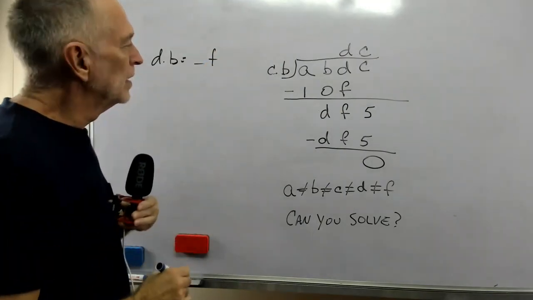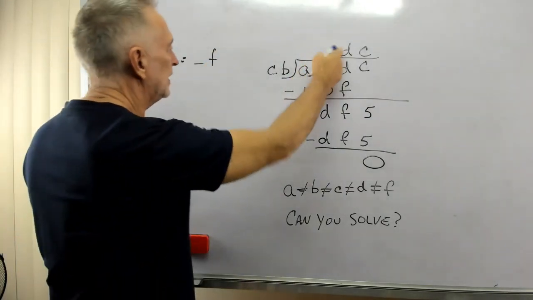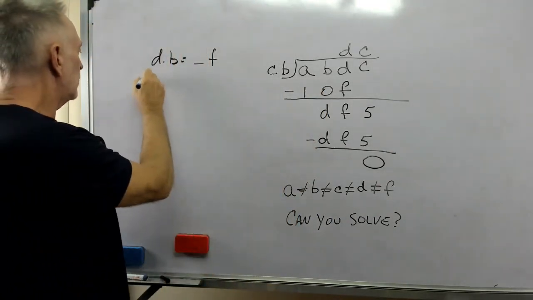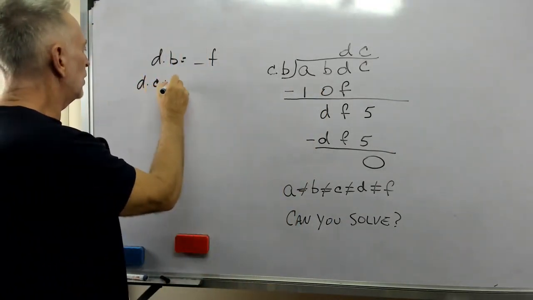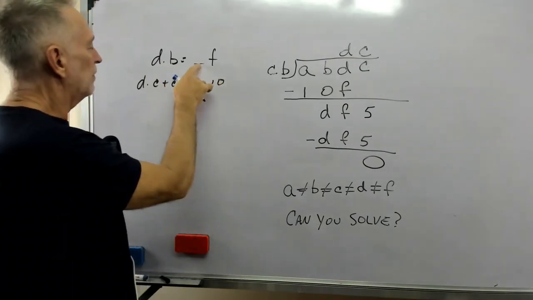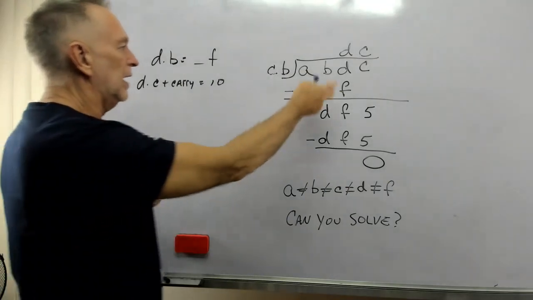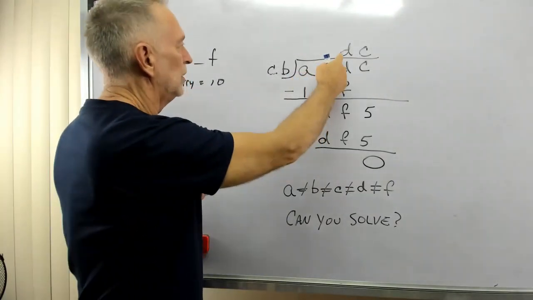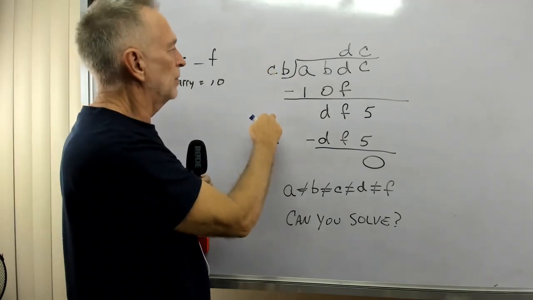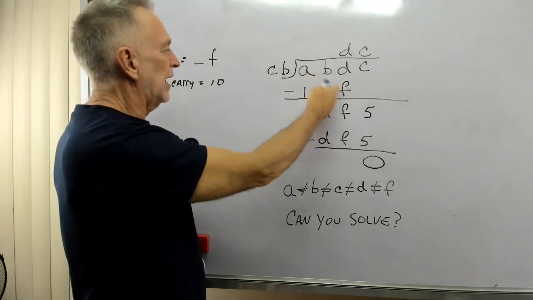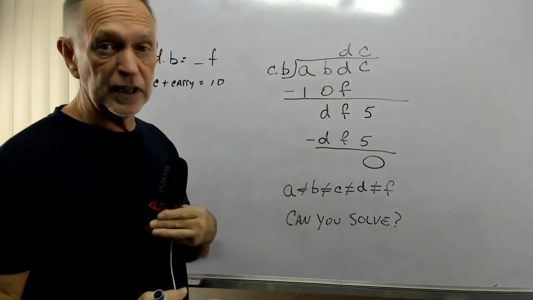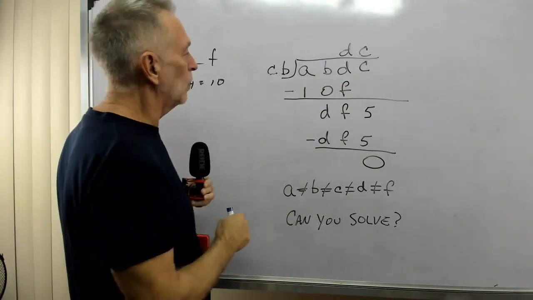Then we have D times C equals 10, or it could be D times C plus that carry equals 10. So maybe D is 2 and C is 4, for example, and then there's a carry of 2, and it gives me 8 plus 2 is 10. So at the moment, I don't know.